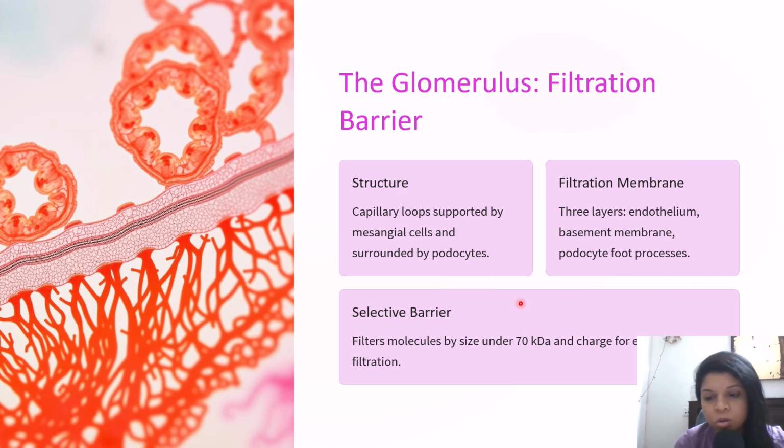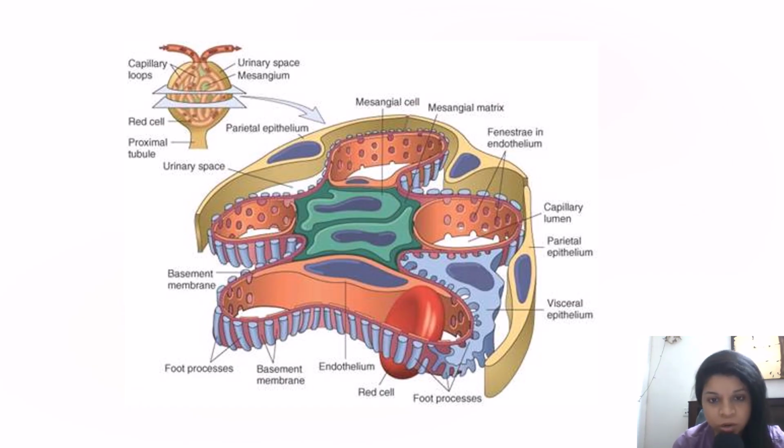The filtration also depends on the charge of the molecule. Coming to the ultrastructure of the glomerulus, the glomerulus contains the afferent arteriole and the efferent arteriole. The renal artery that comes forms a loop like the glomerulus and it goes off.